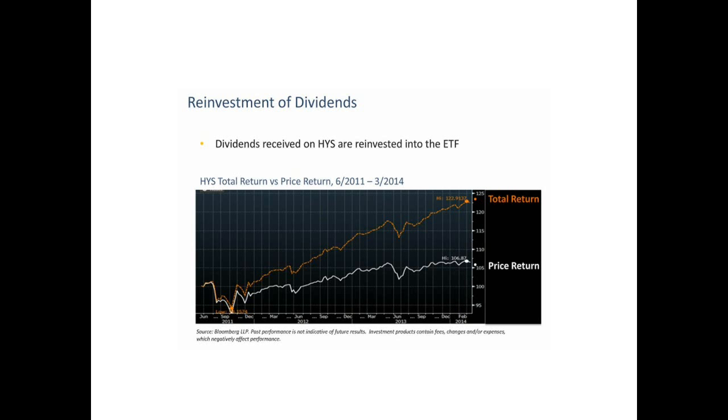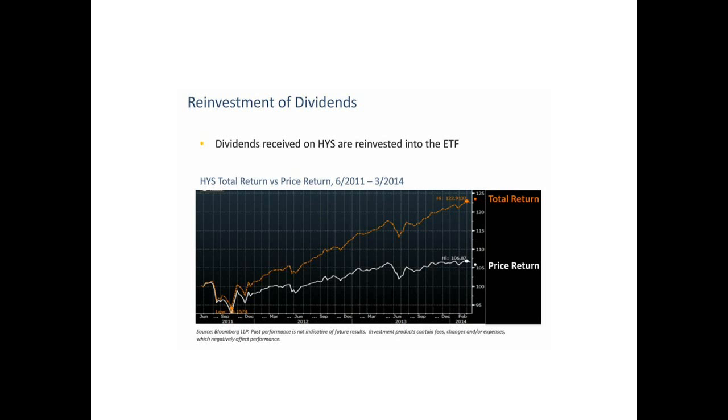Now, here's another important feature to keep in mind. Please note that the return on the ETF, the PIMCO ETF, is calculated on a total return basis. That means that the dividends received by the ETF are reinvested in it. This is important because the dividend on these high-yield bonds is significant.